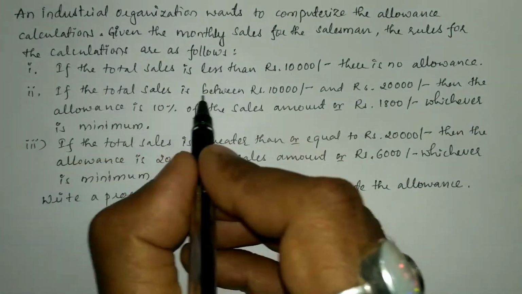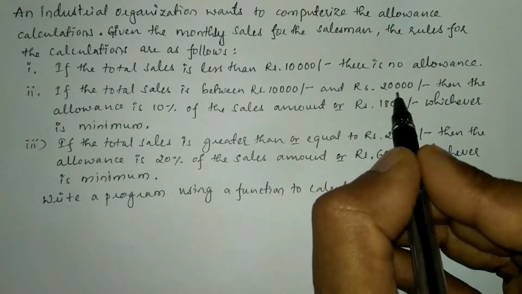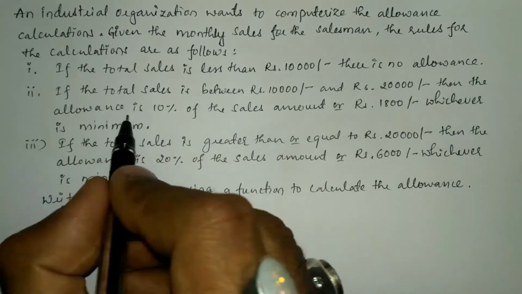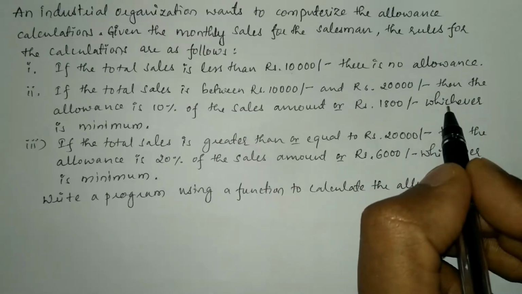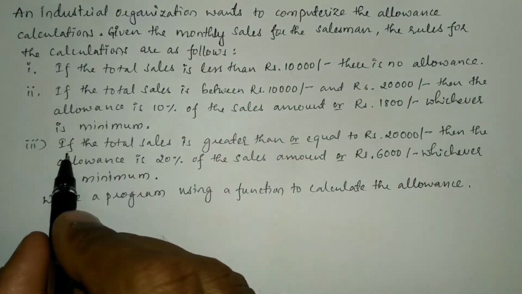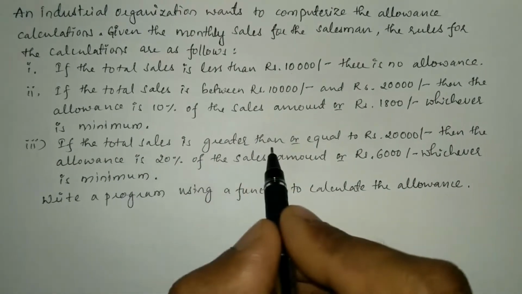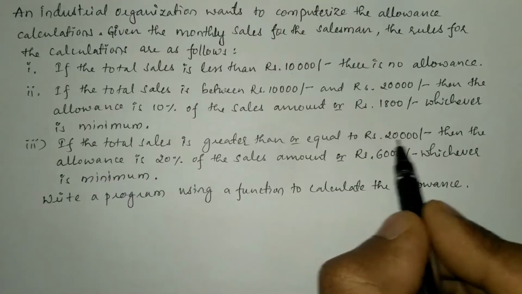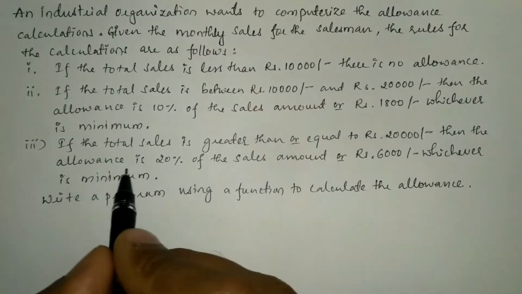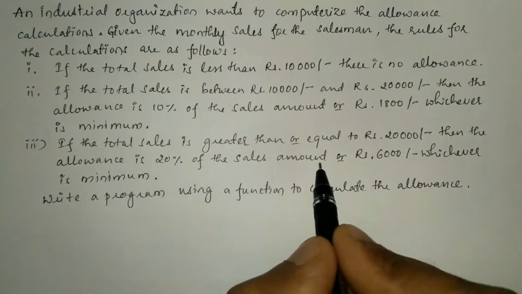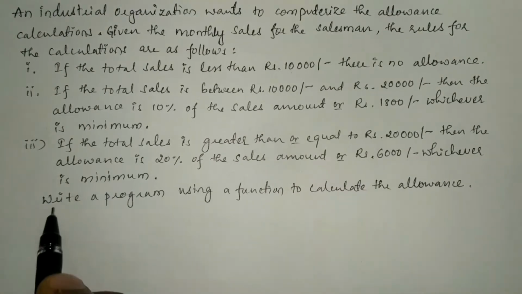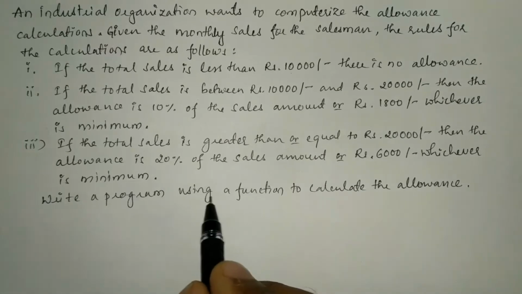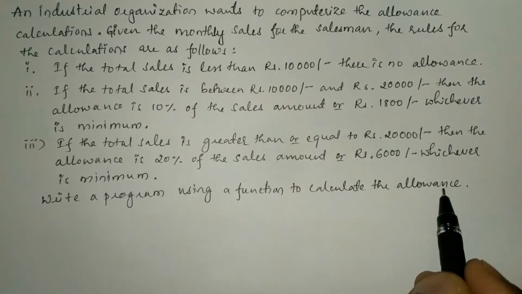If the total sales is between 10,000 rupees and 20,000 rupees, then the allowance is 10% of the sales amount or 1800 rupees, whichever is minimum. 3. If the total sales is greater than or equal to 20,000, then the allowance is 20% of the sales amount or 6,000 rupees, whichever is minimum. Write a program using a function to calculate the allowance.